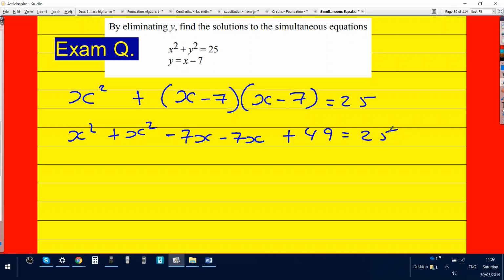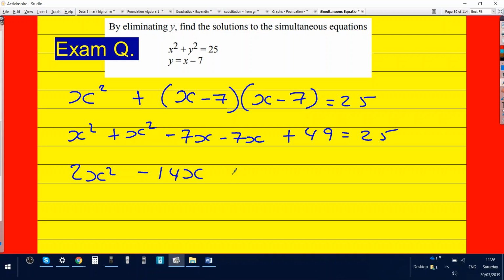And then you collect that term, so 2x squared minus 14x plus 49 equals 25. So you could just take away 49 from both sides.